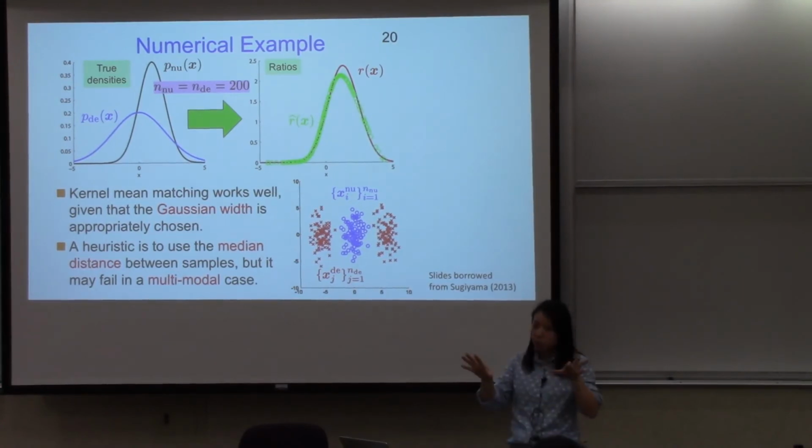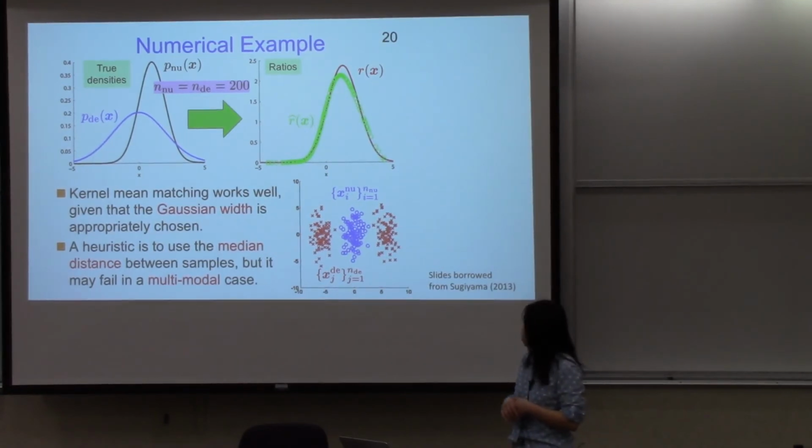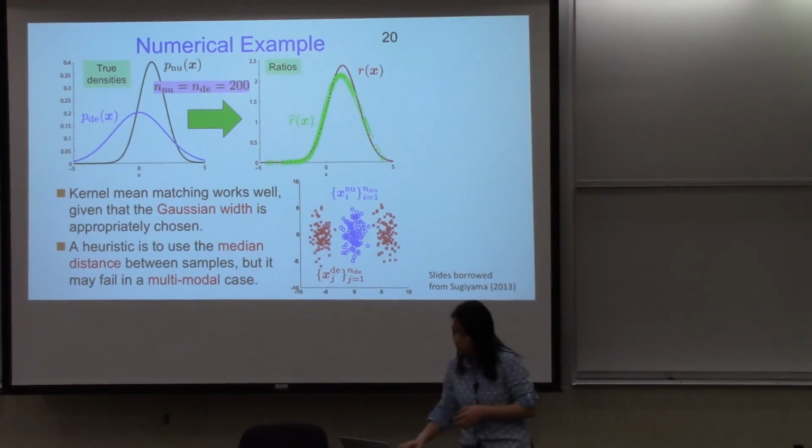You have samples, you calculate the distances, and then use the median of that. But it may also fail in a multimodal case. So there are pros and cons for this method too. But in general, it's a more direct way to get the densities than doing classification, or directly doing density estimation and then dividing.